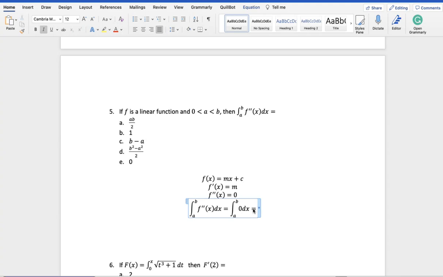Can you explain for those who might not understand where the 0 comes from? Okay, it will be 0 squared all over 2. Then 0 squared is 0. Where does the square come from?